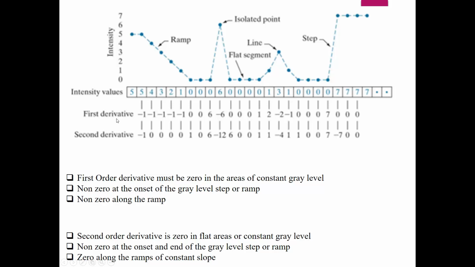This is the first derivative when we apply f dash on this f(x), so we get f dash x, and if we apply f double dash, we get the second derivative. The first order derivative must be 0 in areas of constant gray level. As we can see, this area is a constant gray level, so we are going to get a 0 response here.